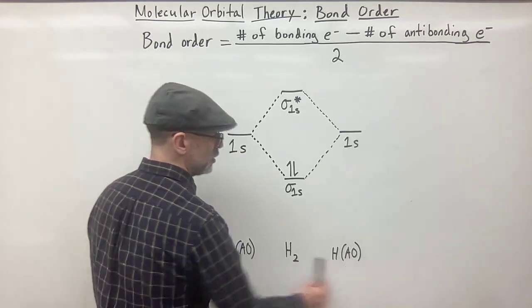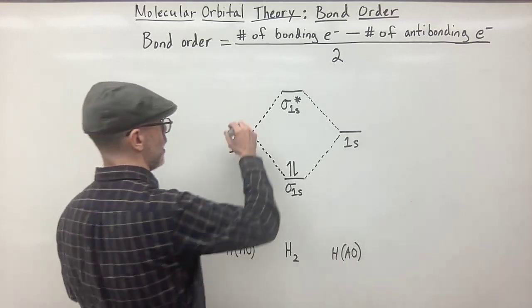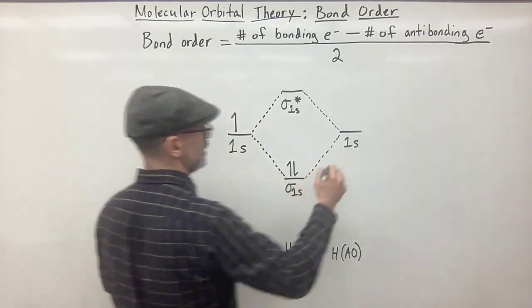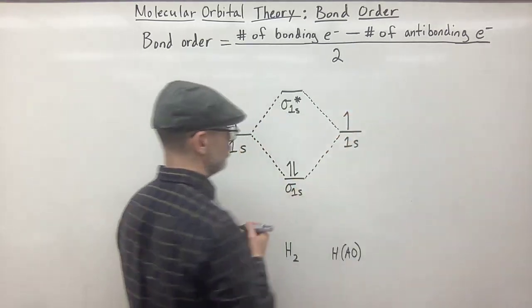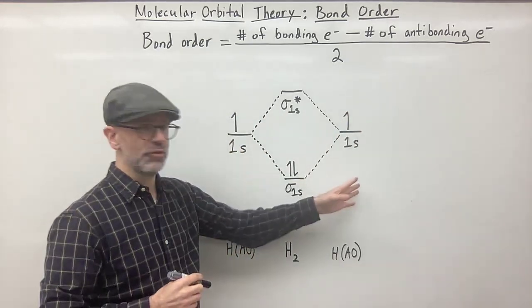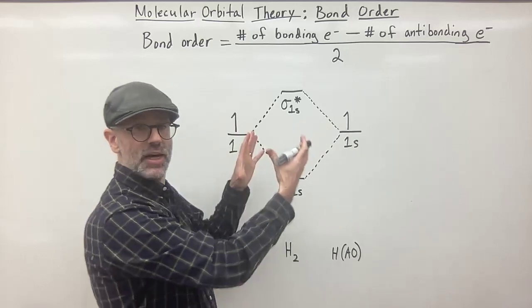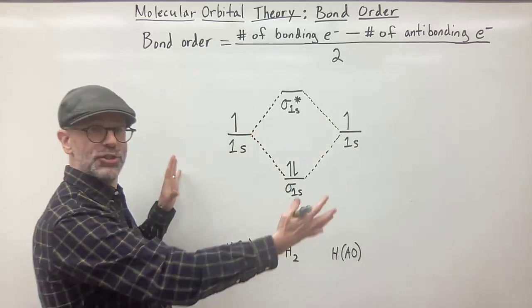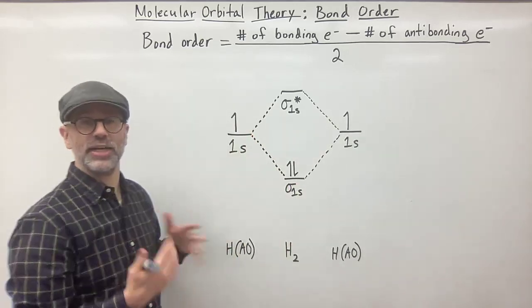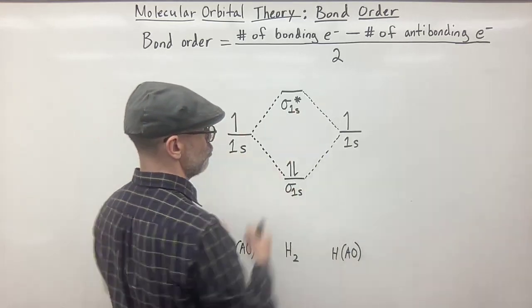Each hydrogen atom has one electron, right? So we're going to put the electrons into the atomic orbitals. And remember, if we treat each electron as a wave function, they're going to interact in two different ways.